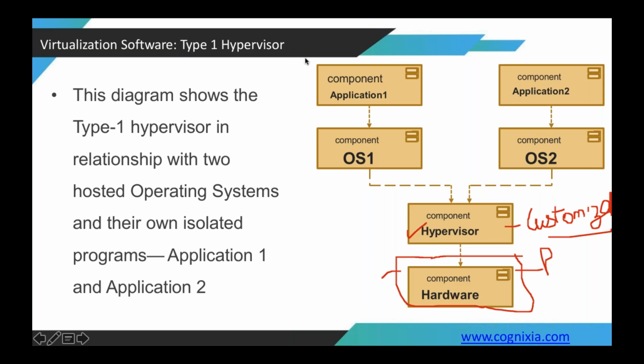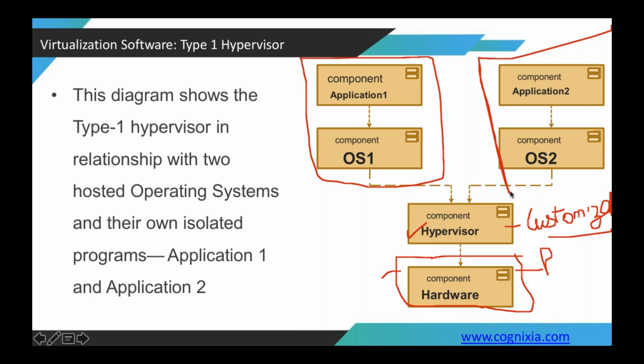Now this is one virtual machine, and this is another virtual machine, like that. So here we are taking two virtual machines right now. Once the hypervisor is installed, we can divide the server.